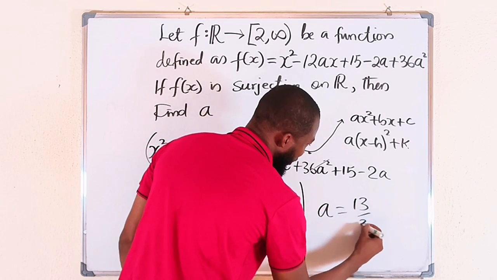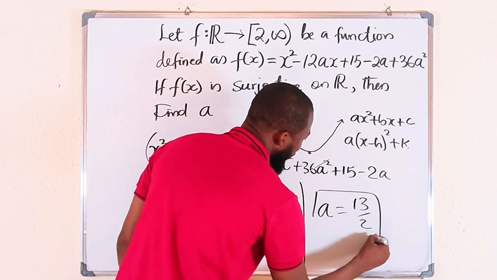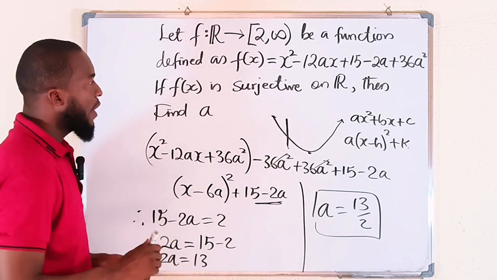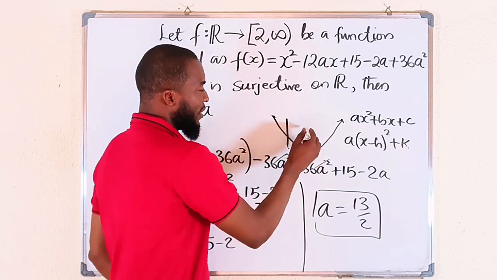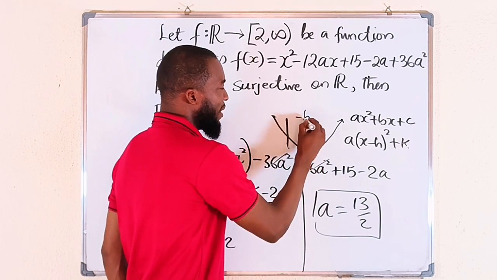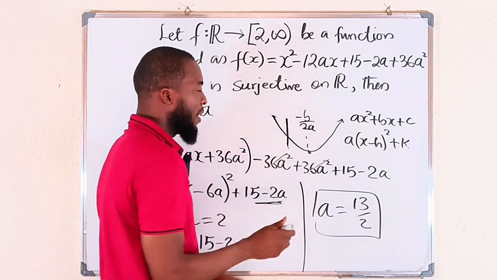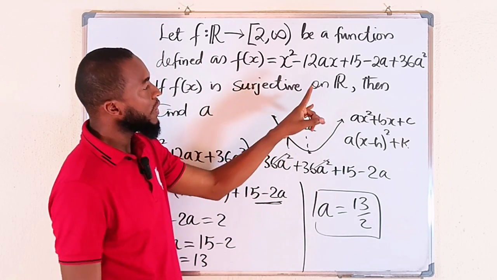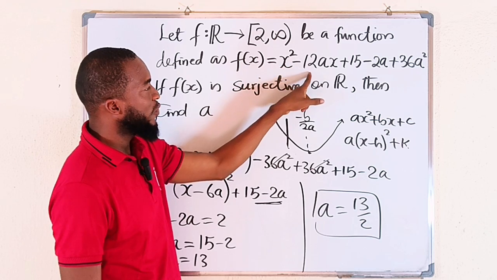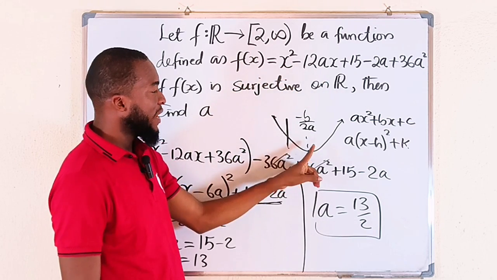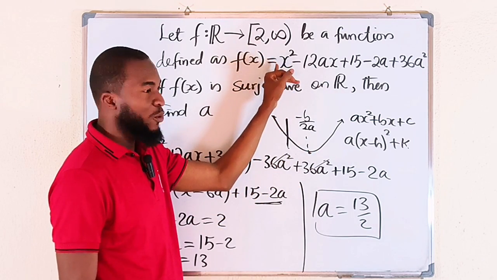13 divided by 2. This is not the only way to find the value of a. Another way you can do that, remember that the value of x at this point, the turning point, will be minus b divided by 2a. What is b? b is the coefficient of x. The coefficient of x here is minus 12a. Divided by a, the leading coefficient, which is 1.